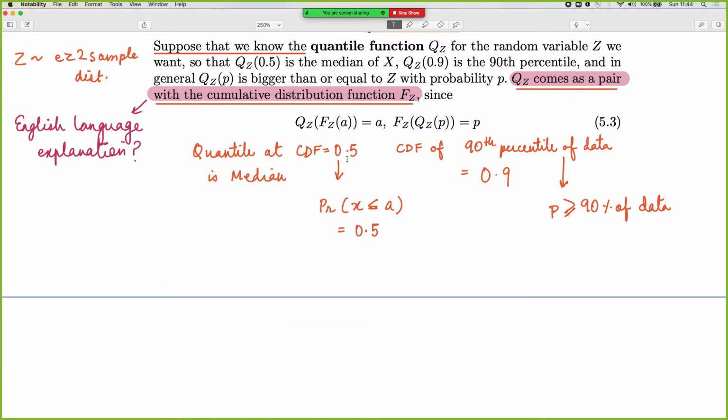And the quantile at CDF 0.5 is the median, or the 90th percentile of the data means that with 0.9 probability, if you sample a value of x, it will be less than a. Did I use a here or did I use p? I used 90th percentile. So if this is p, then p will be greater than 90% of the data. That's essentially what these two equations are saying.